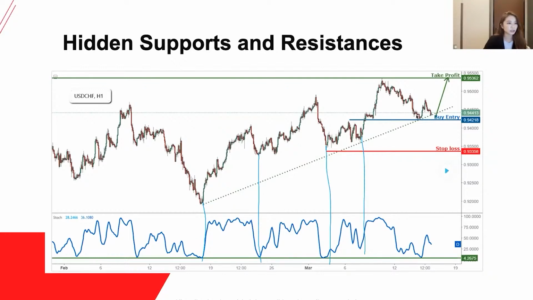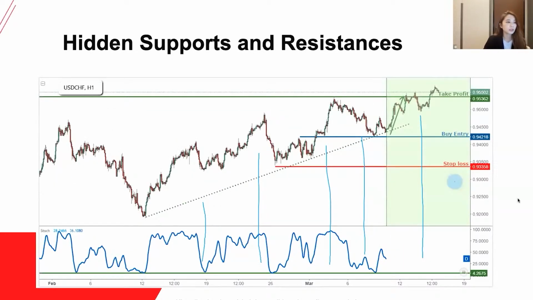to the chart right now. We are seeing that these few touch points that bounce off the upward trend line are also bouncing off your invisible support, which is at 4.2675, which is way below the 20 mark that we were looking at before. Let me just clear the drawings.